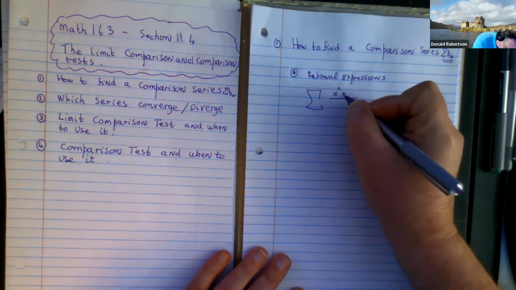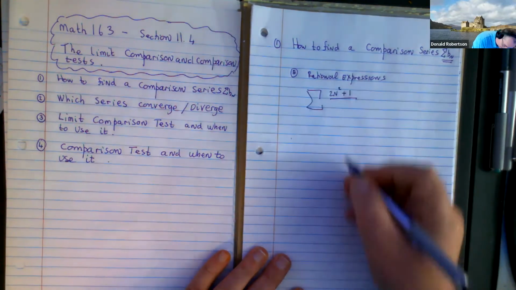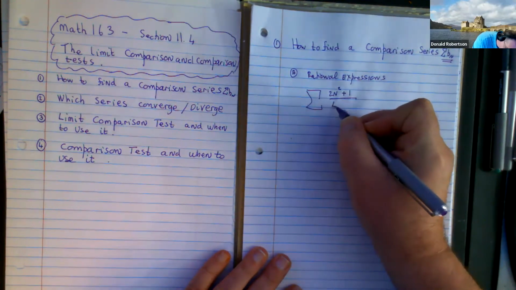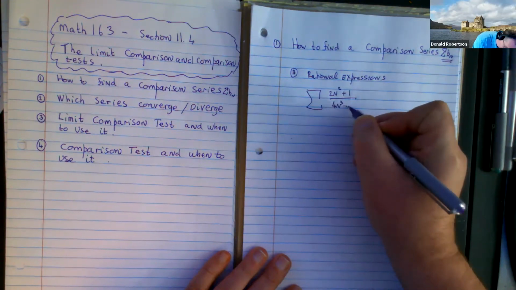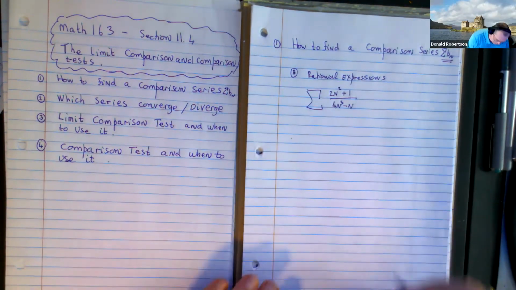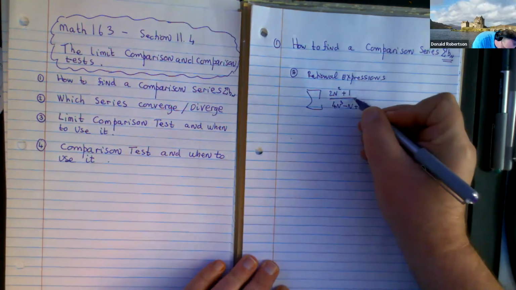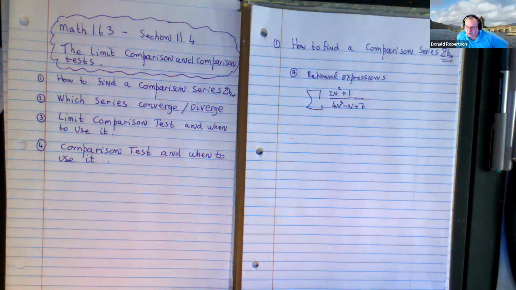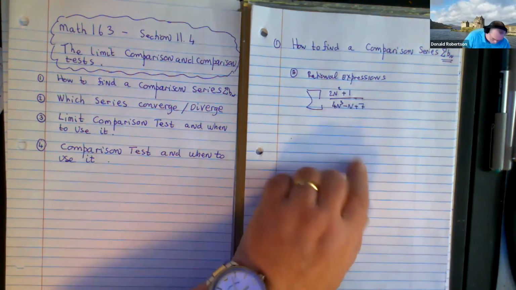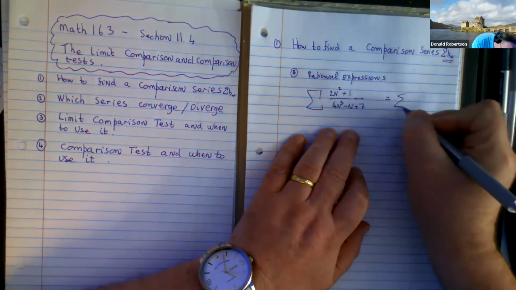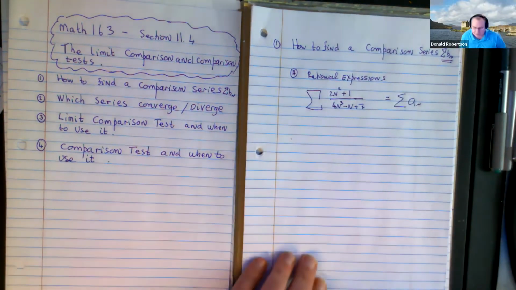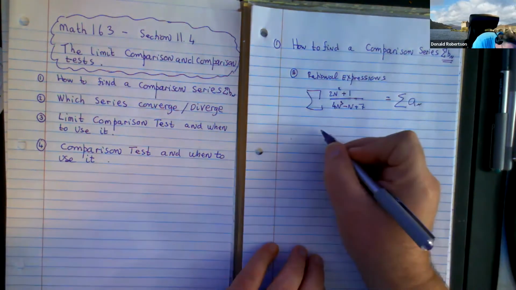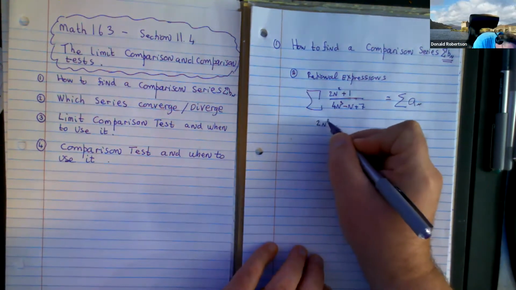So I'm going to say 2n squared plus 1 on the top, and on the bottom, 4n cubed take away n, plus 7. Let's make it ugly. Would you agree that you couldn't do an integral test on that even if you wanted to, because integrating fractions like that is not really doable? So this is the original function, the one we call a_n, sigma a_n. And this is how you find its comparison.